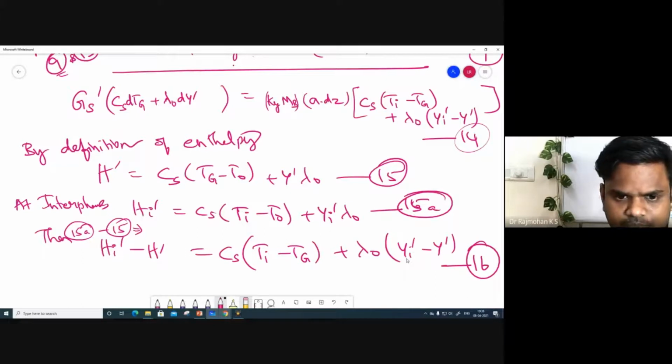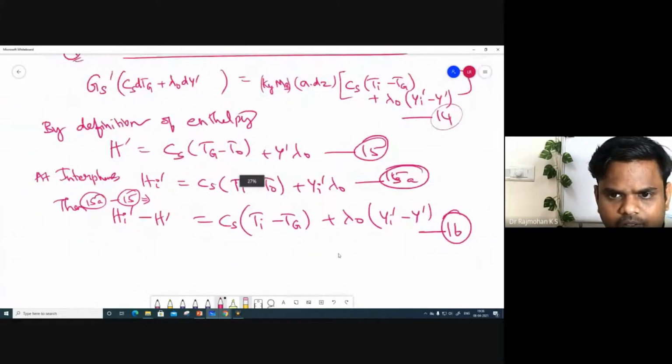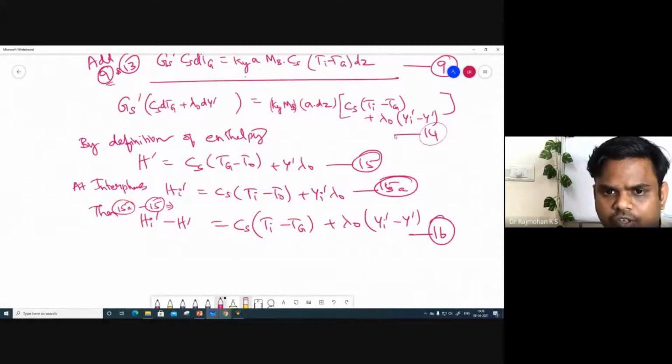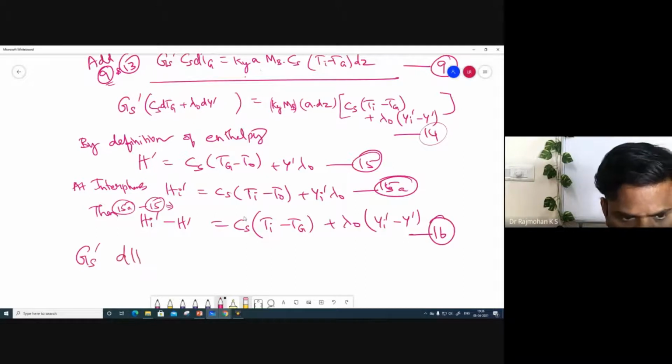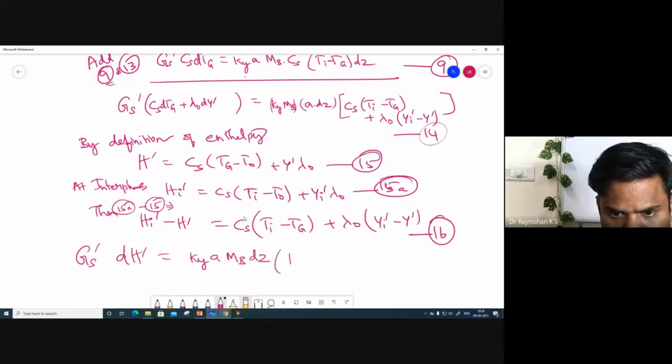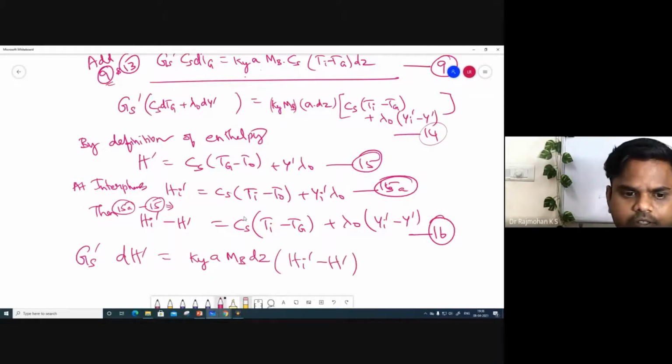So if we substitute this 15, 16 in 14, what we get is Gs' dH' is equal to ky mB a dz into (Hi' minus H').